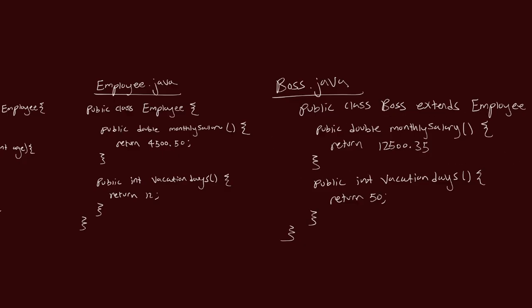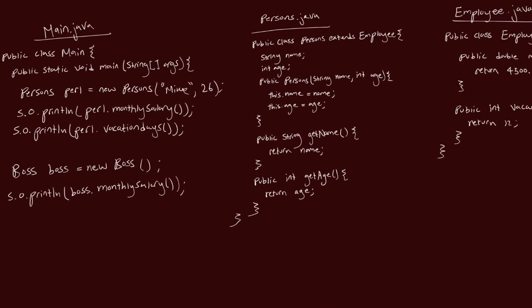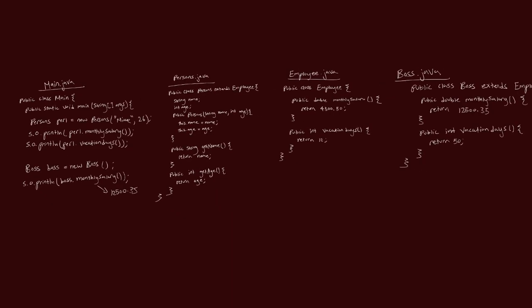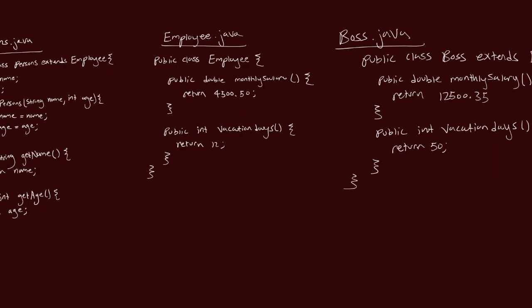So instead of getting 4,500, we're going to get 12,500. So this one will display 12,500.35. And same if you do vacation days. Instead of getting 12, we're going to get 50.